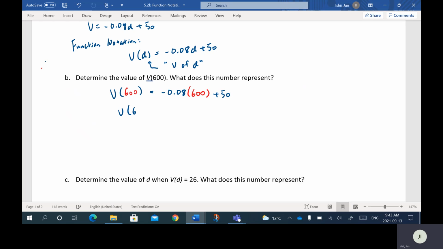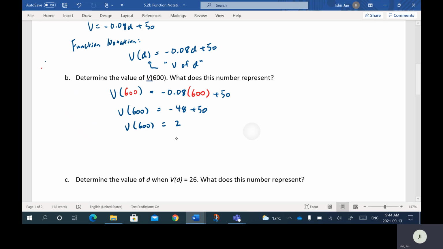So V of 600 equals negative 0.08 times 600. Try to do this in my head. I believe that's negative 48. Plus 50, so V of 600 equals positive 2. That means the volume at 600 kilometers is going to equal 2 liters.